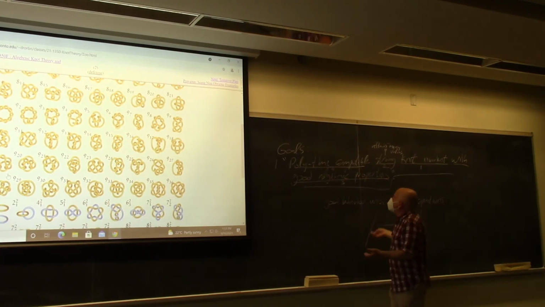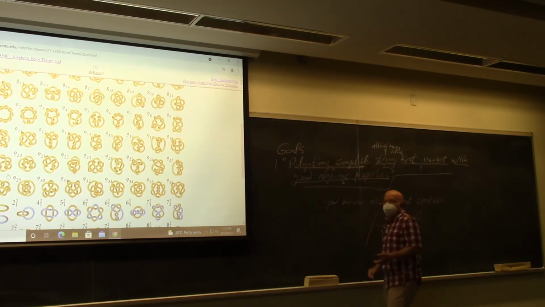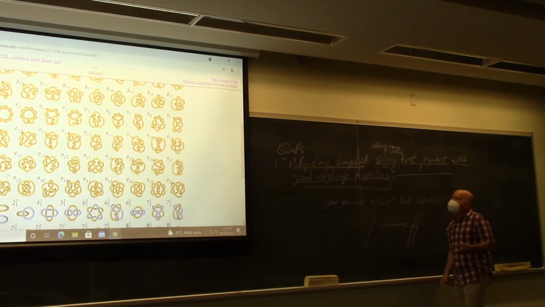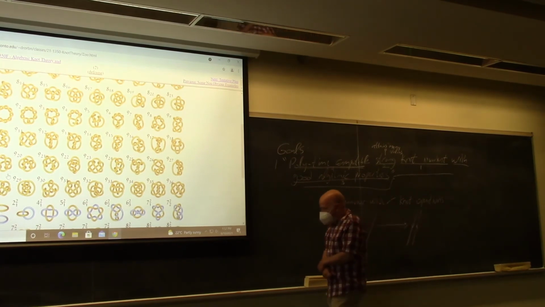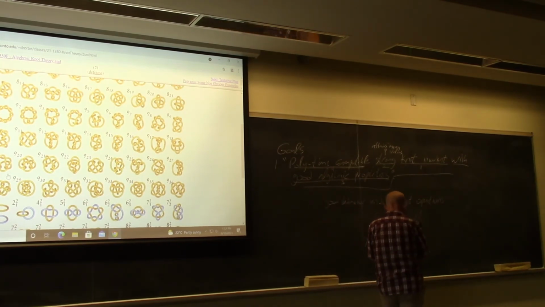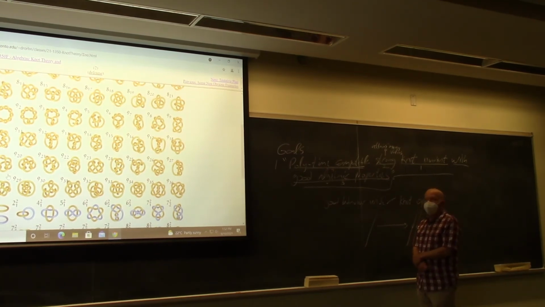So I want things that are computable in polynomial time in the input. Otherwise, I will not be able to say anything about these conjectures. That's the end of what I have to say about my wishful thinking, right? I want such an invariant.